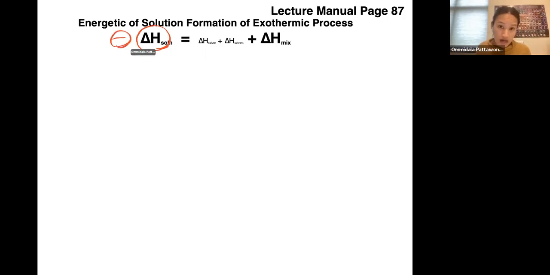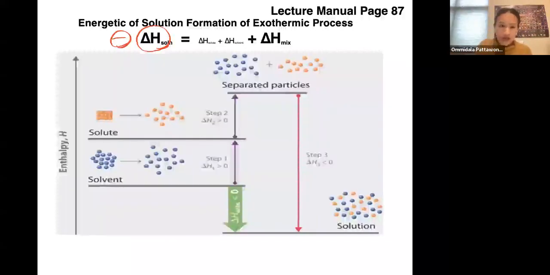So as we saw earlier, if you're looking at our plotting graph, you will see that the small amount of the delta H of the solute and the delta H of the solvent indicates the weak interaction between solvent molecules and solute molecules. Because they hold onto each other weakly, it's not going to require a lot of energy to separate them. So the amount of the delta H solvent and the delta H of the solute is going to be small.